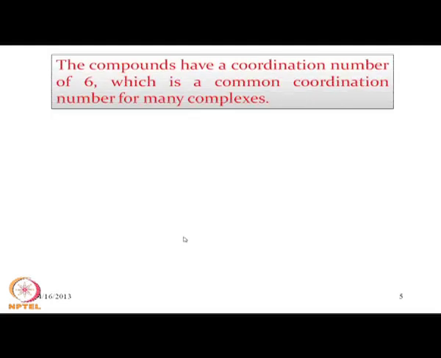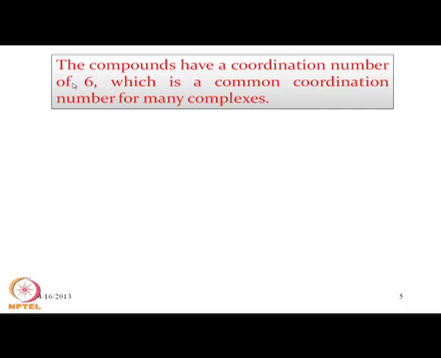So, in this particular case we see the compound where we have 6 ammonia molecules surrounding the cobalt center, and we consider this as the formation of such a number of corresponding coordination bonds.